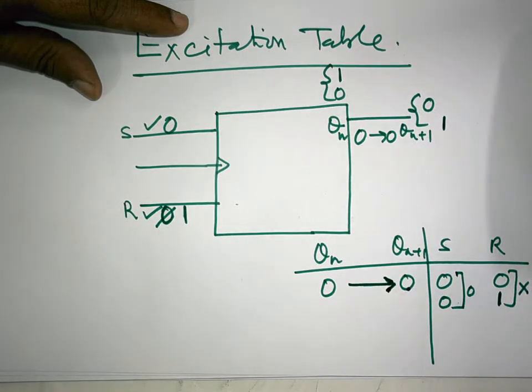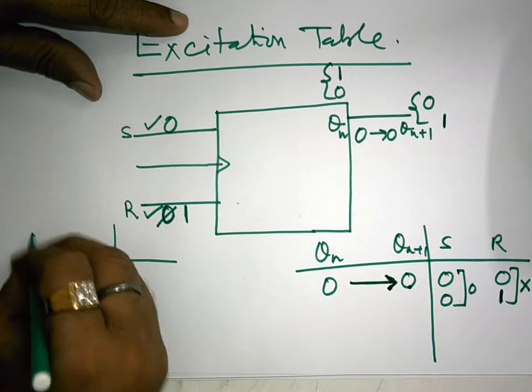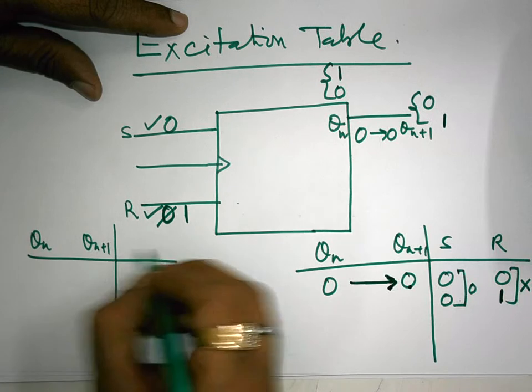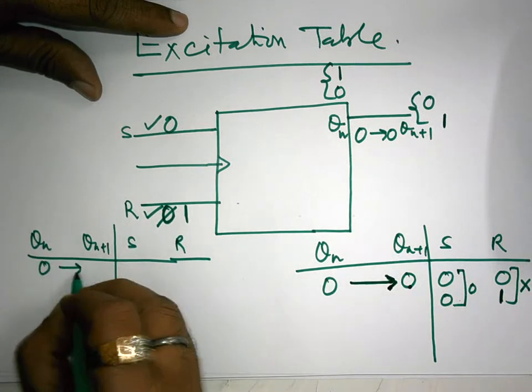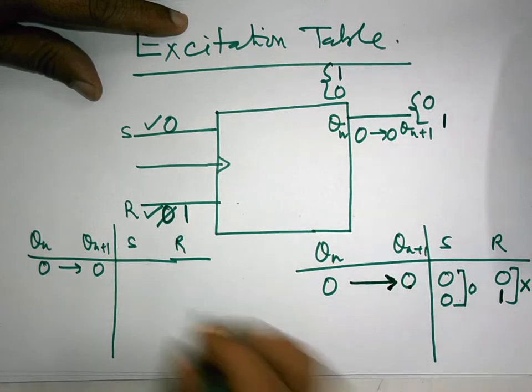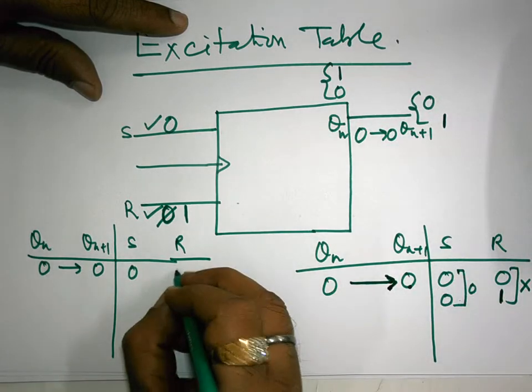This means if we make a fresh table, Qn and Qn plus 1 and S and R, if we are interested in this transition, we have to apply 0 at S and don't care at R.